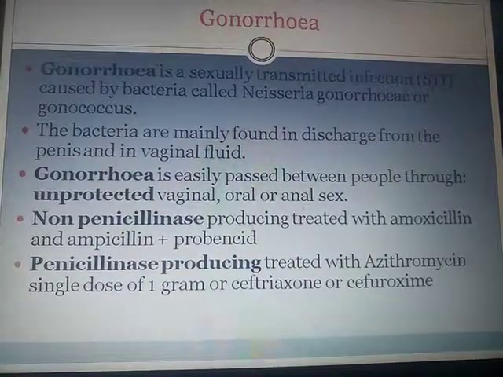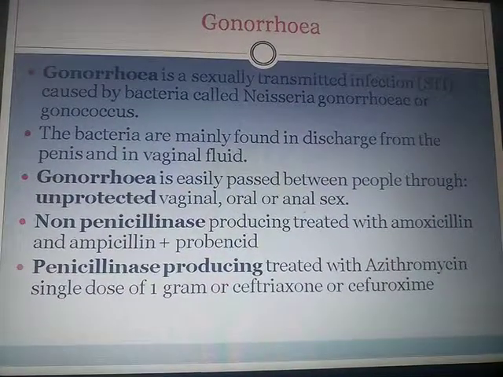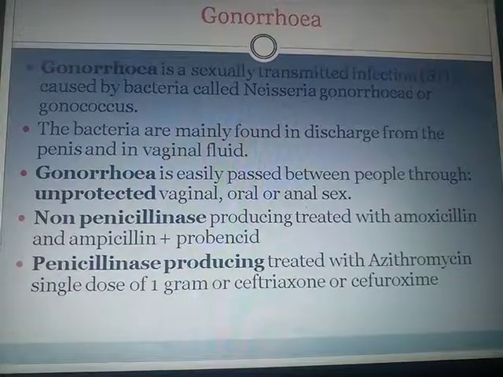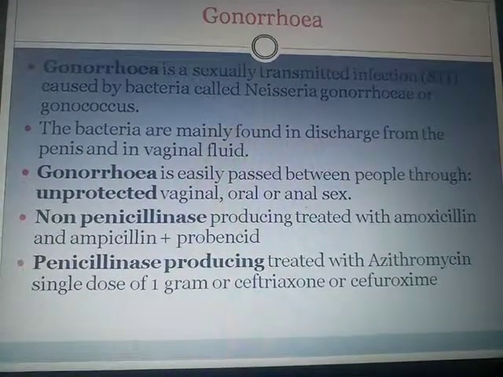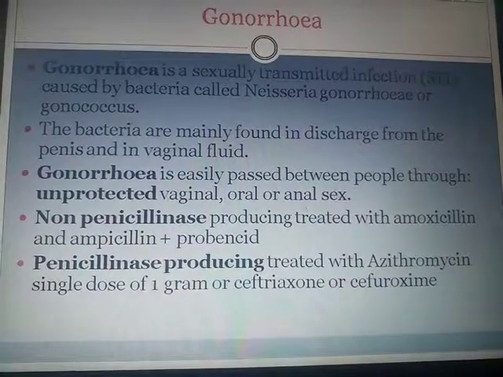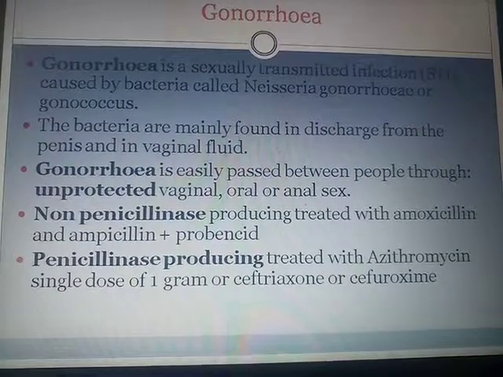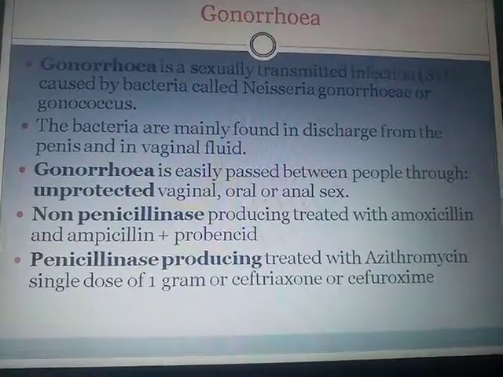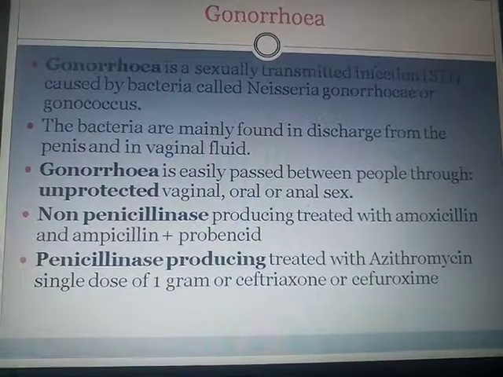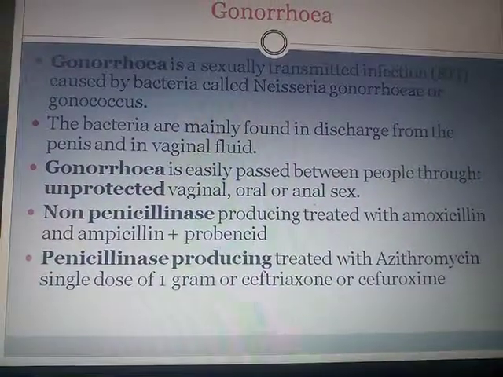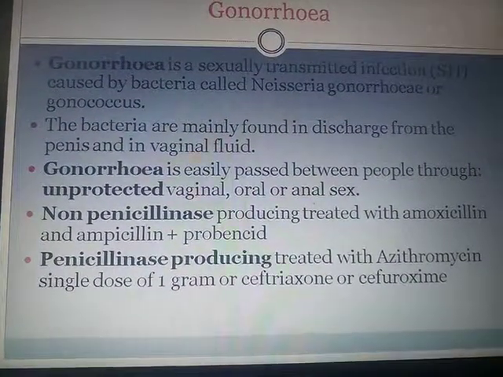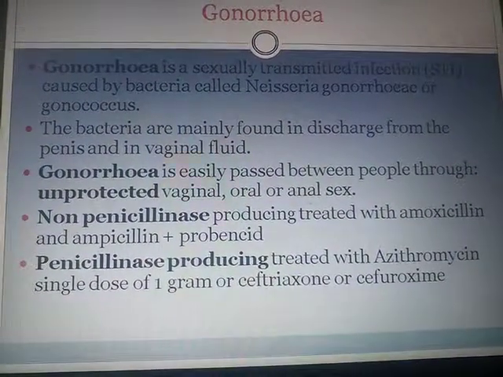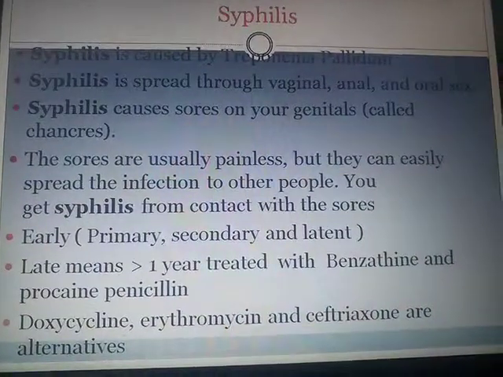Penicillinase producing gonorrhea can be treated with azithromycin, a single dose of 1 gram, or ceftriaxone or cefuroxime. In most sexually transmitted infections, a single dose of azithromycin 1 gram is enough to treat most of them.